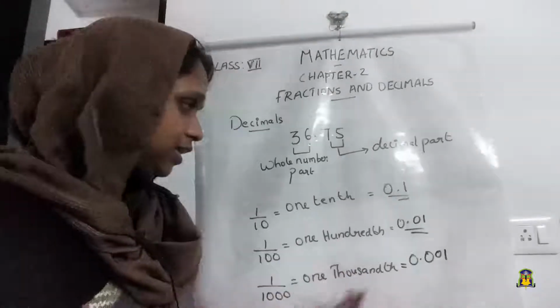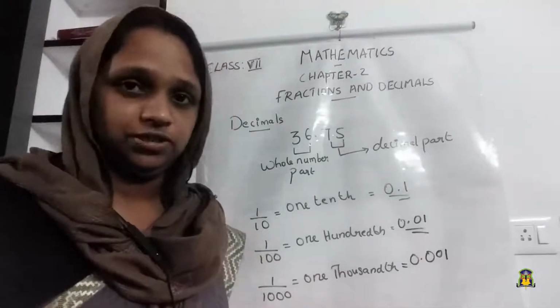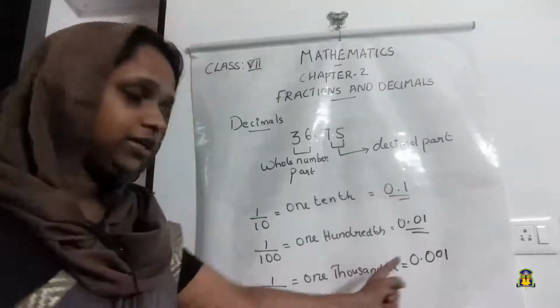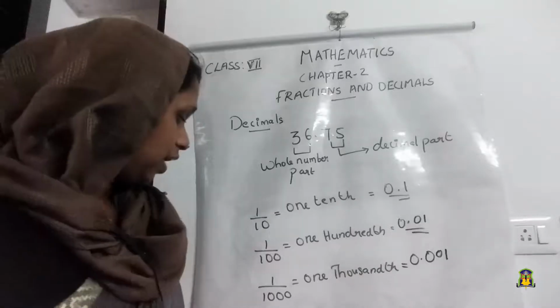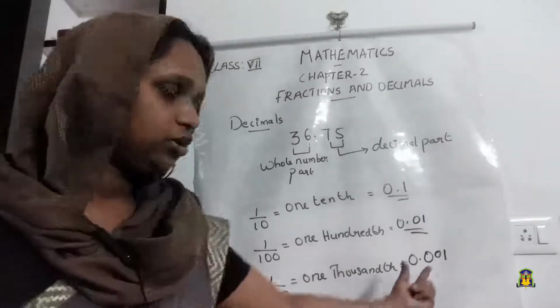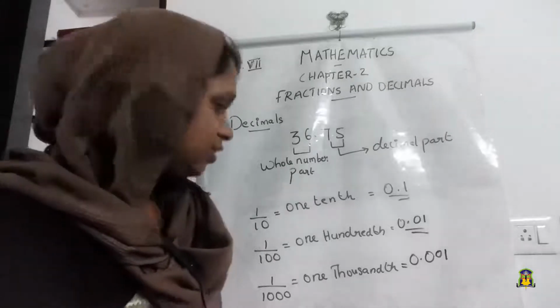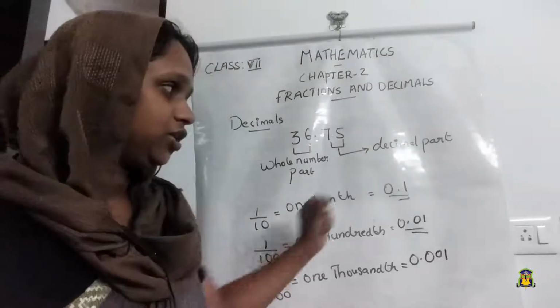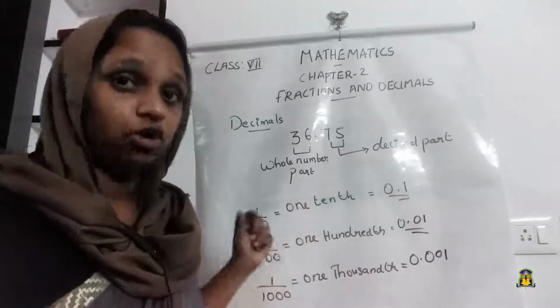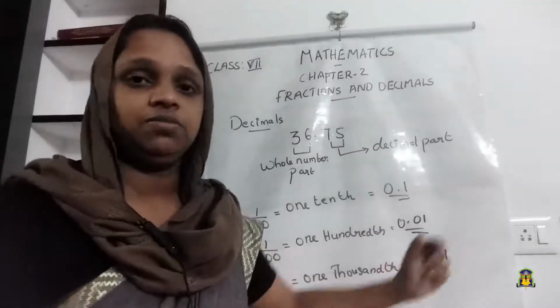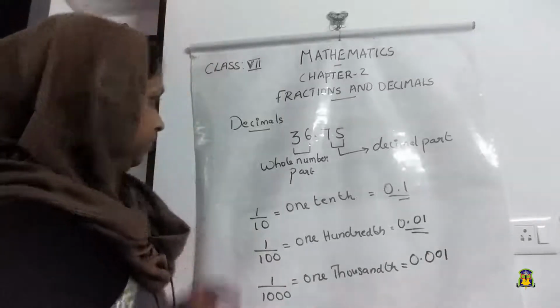If 1000, then point after three digits. So 1 by 10 is equal to 0.1, 1 by 100 is equal to 0.01, and 1 by 1000 is equal to 0.001. Okay students, this way we are converting a fraction with the denominator 10, 100 and 1000 to decimal form.